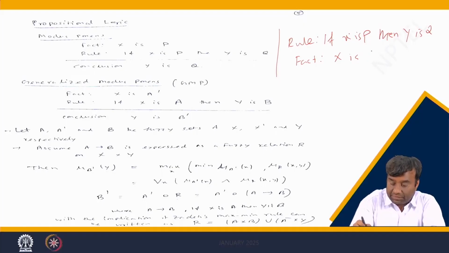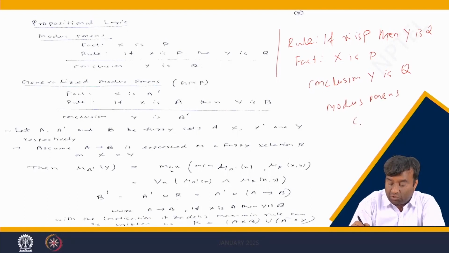So the conclusion is y is q. You can check this modus ponens. This is the classical modus ponens.